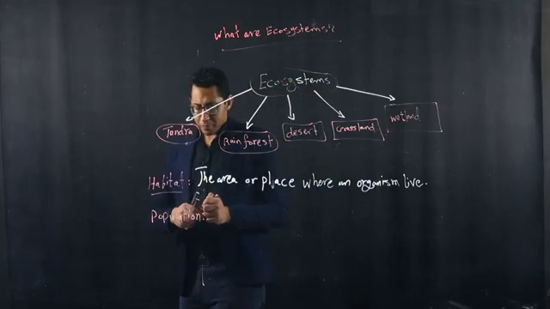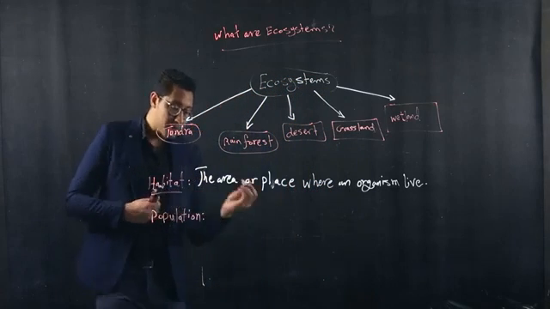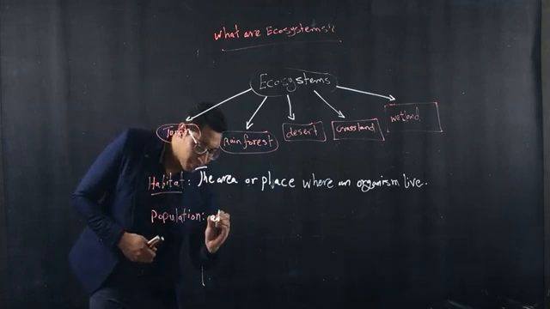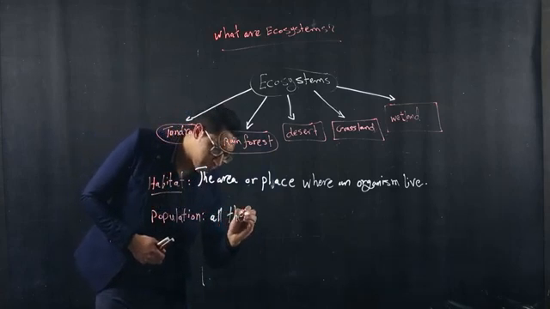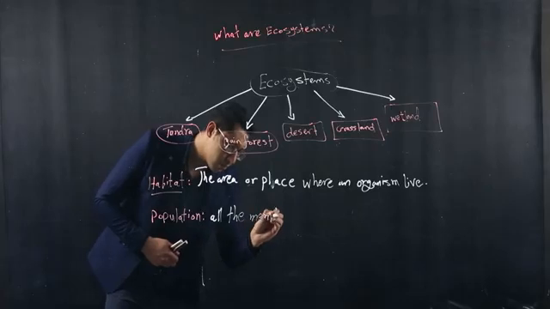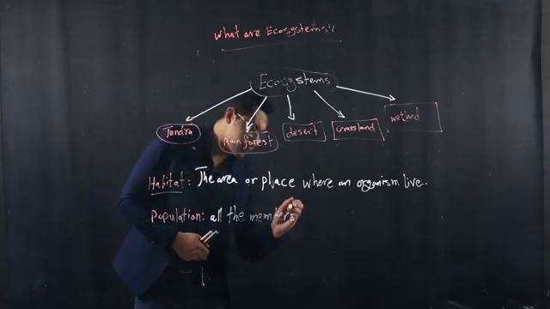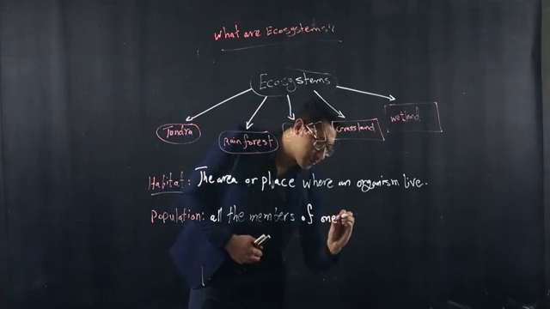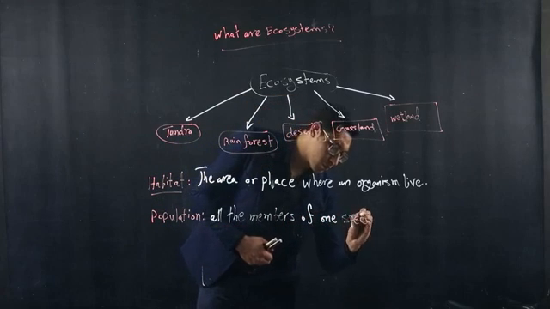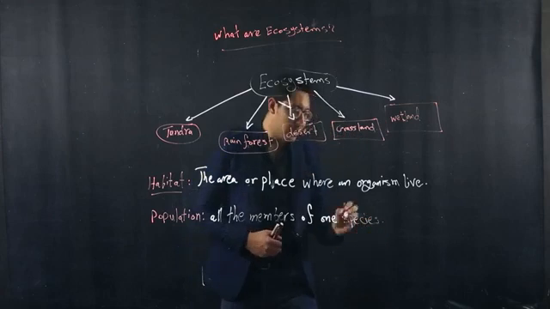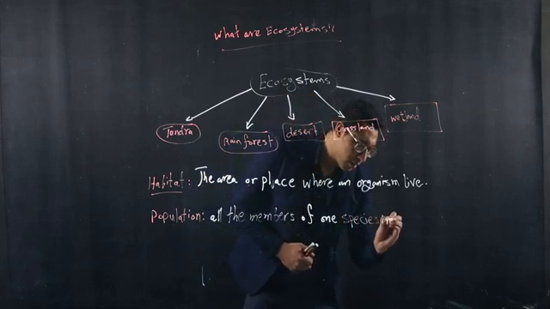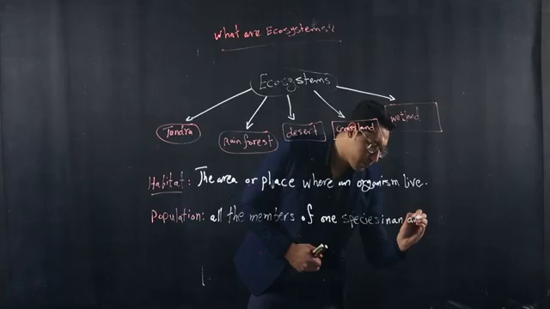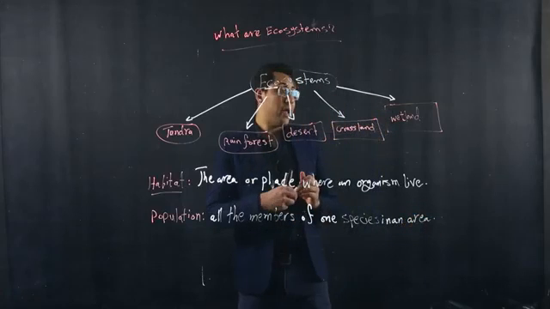Let's write the definition first. Population: all the members of one species in an area. For example, I have here an area.